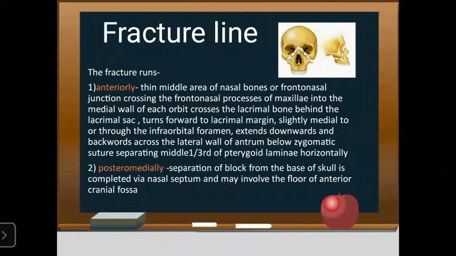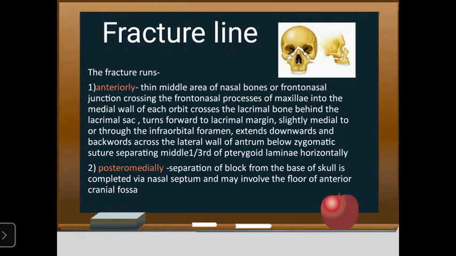Fracture line. The fracture line runs in two directions, anteriorly and posteromedially. Anteriorly, it starts from the thin middle area of nasal bones or the frontonasal junction, crossing the frontonasal processes of maxilla into the medial wall of each orbit. It crosses further to the lacrimal bone behind the lacrimal sac.